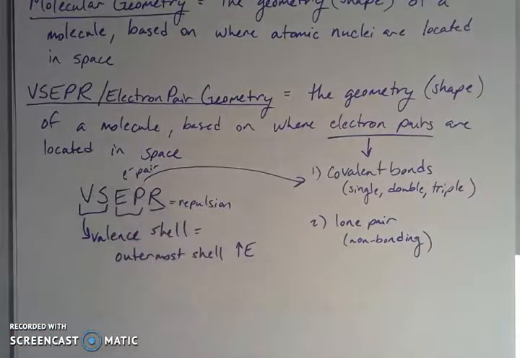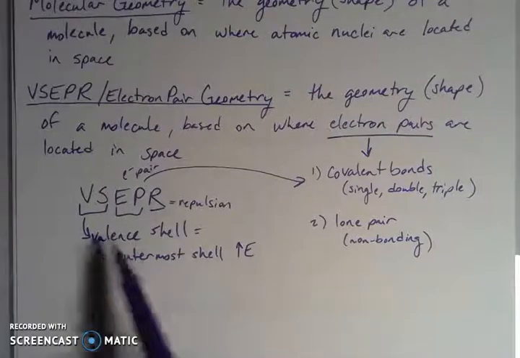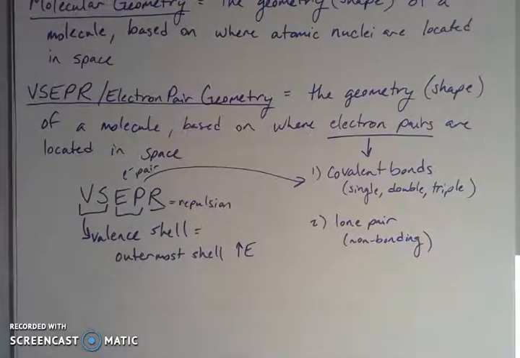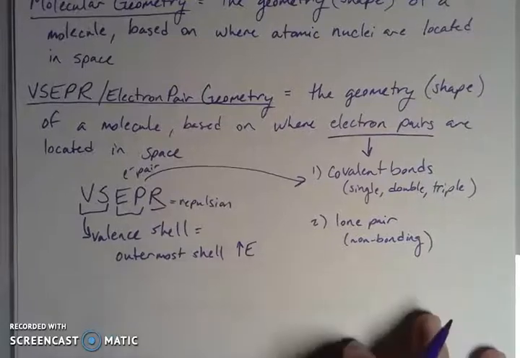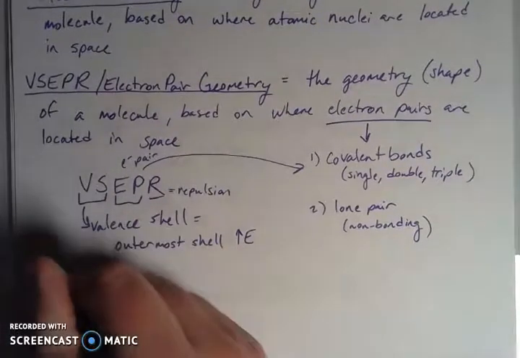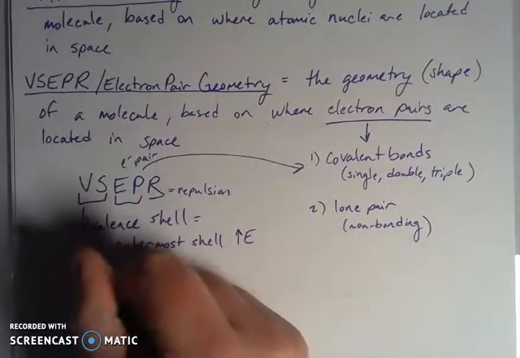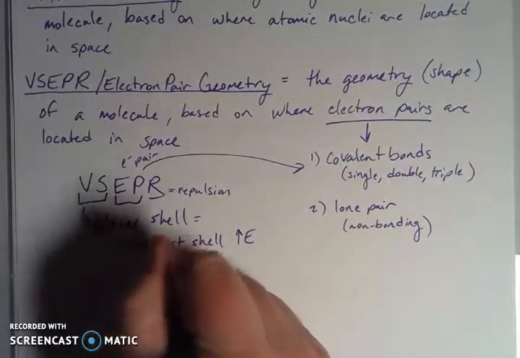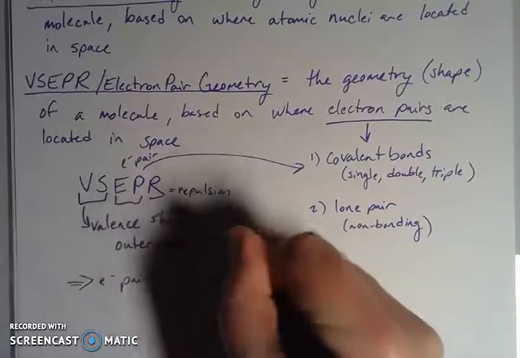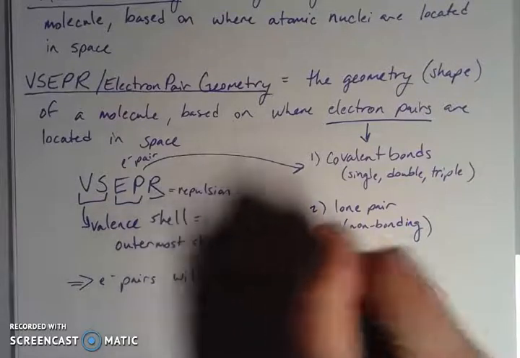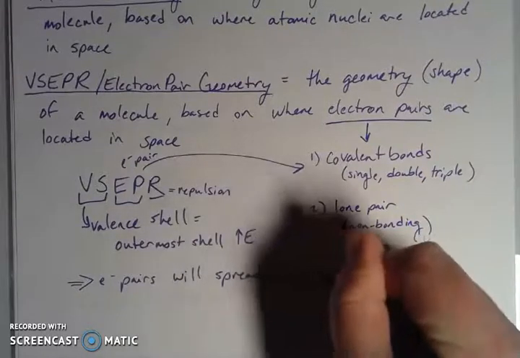If we have a bunch of negatively charged particles in close proximity to each other, they're going to repel each other and move around the central atom in such a way that they're going to give themselves as much space as possible. So what VSEPR says is that electron pairs will spread out as much as physically possible around a central atom.